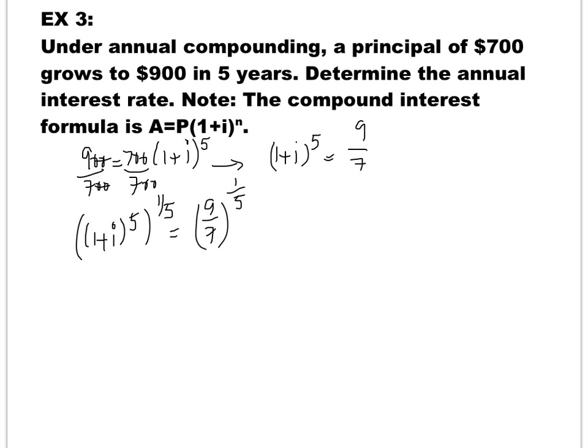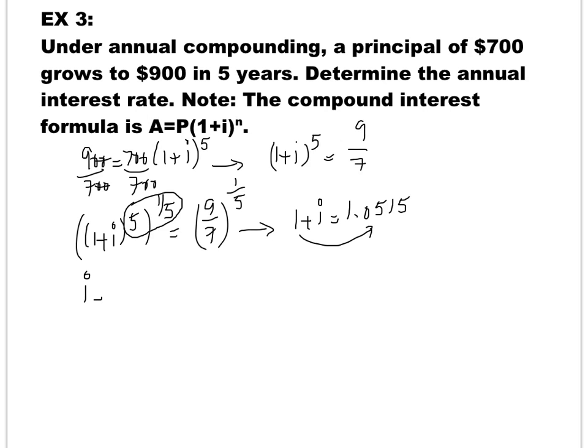Now, (1 plus I) exponent 5 exponent 1 over 5, I'm going to multiply these two exponents, and I'm going to get 1. So from here I get 1 plus I is equal to 9 over 7 exponent 1 over 5, which is going to give me 1.0515.